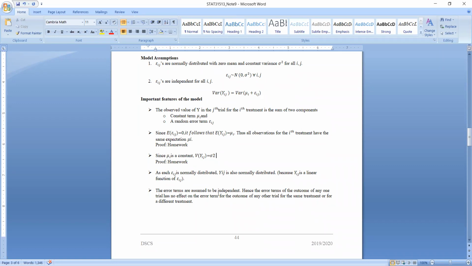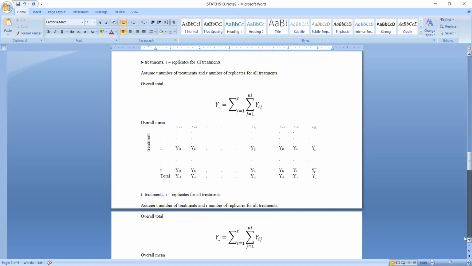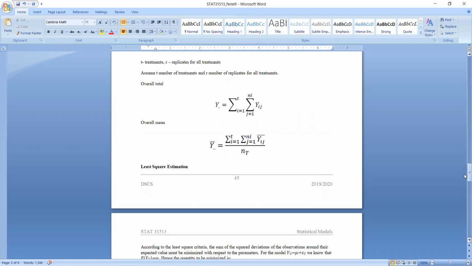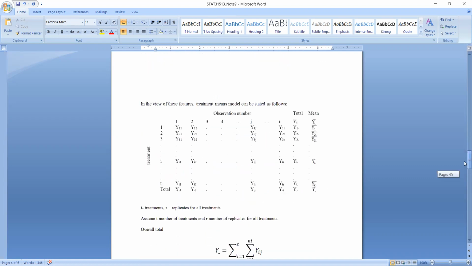That is, the outcome of any trial has no effect on the outcome of the other trials. They are independent, right? Even under the same treatment, you have no connection in between. So these are some of the main features under completely randomized design.